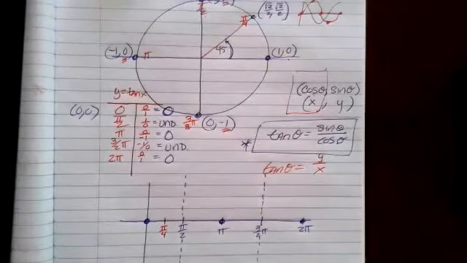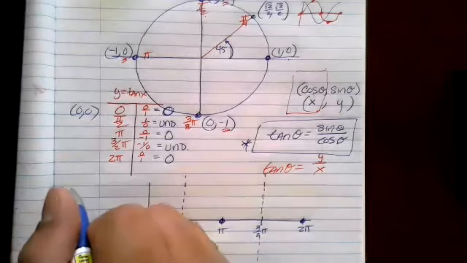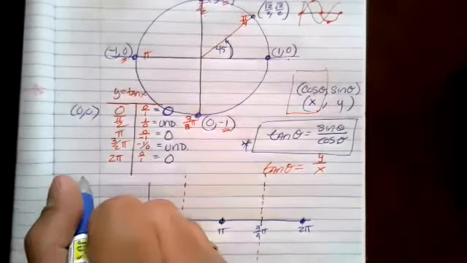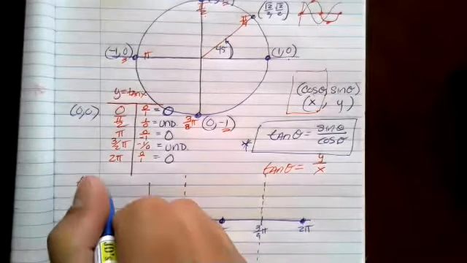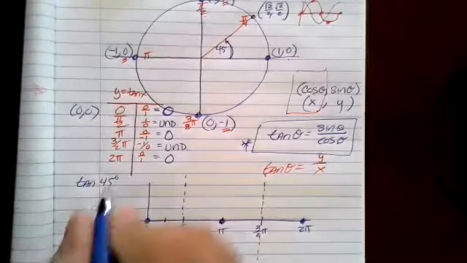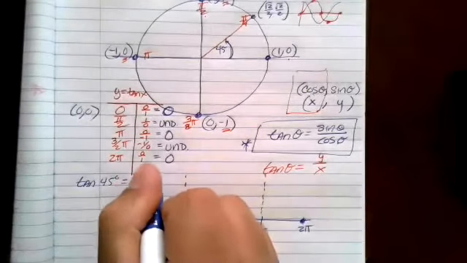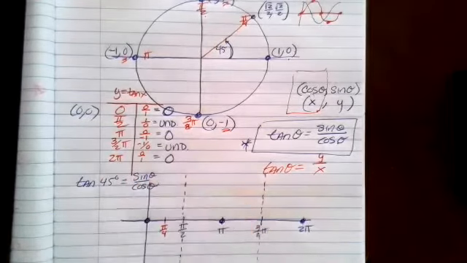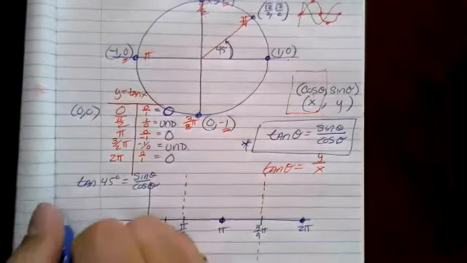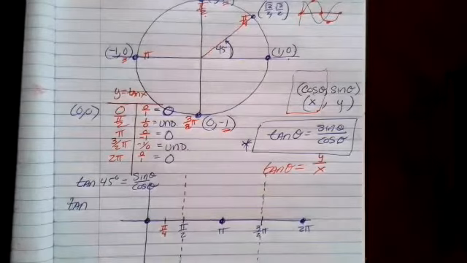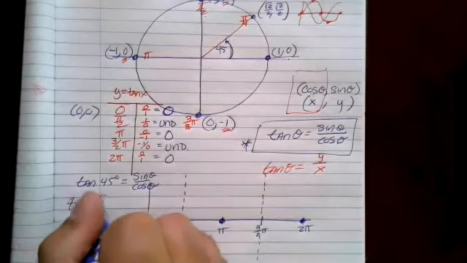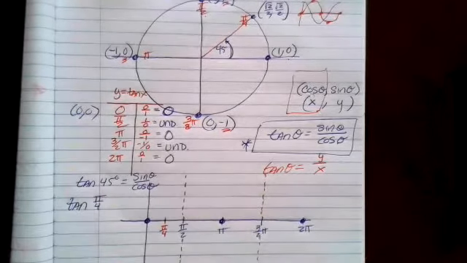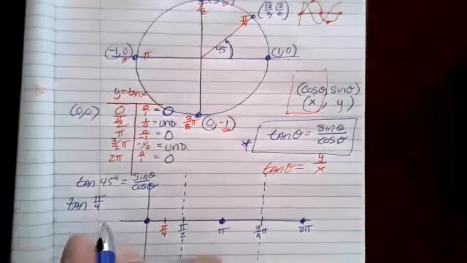So therefore, I could say tan of 45 degrees is equal to my sine over my cosine. We don't want to write 45 degrees, we're going to write pi over 4, because we're using radian measure.